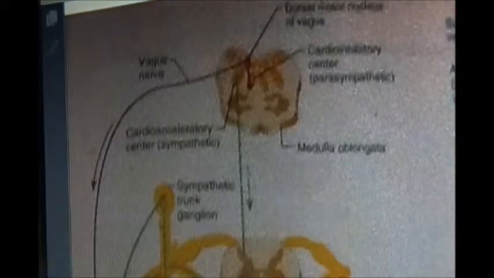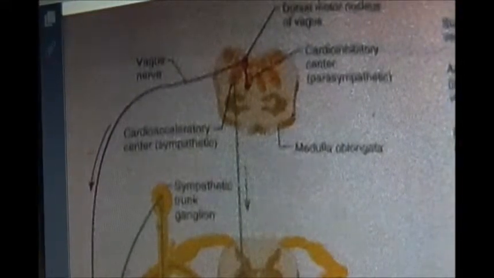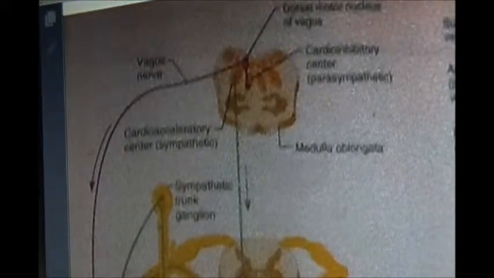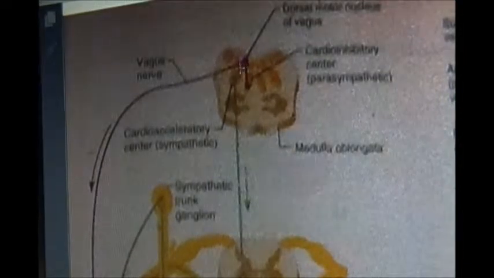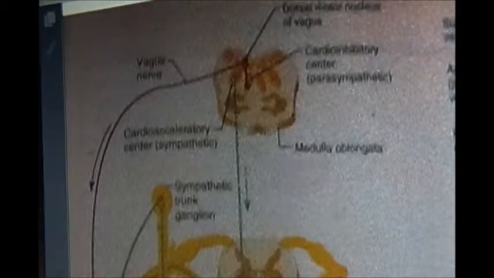The nervous control of the heart. The central control of the heart is in the medulla. It has two centers, an inhibitory center and an acceleratory center.